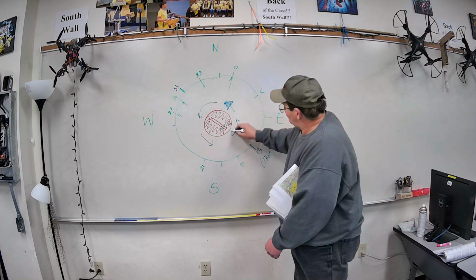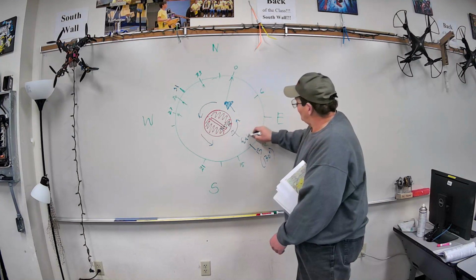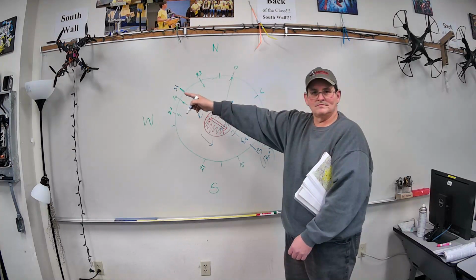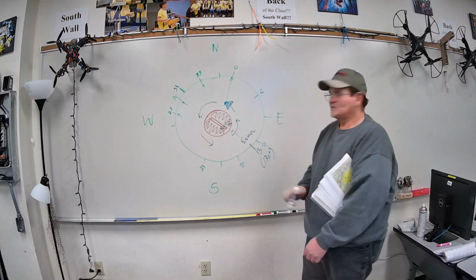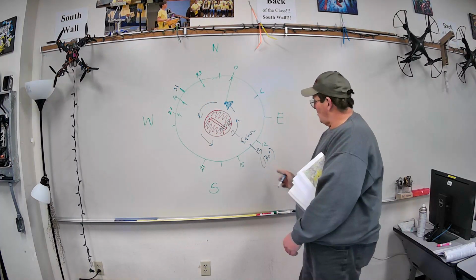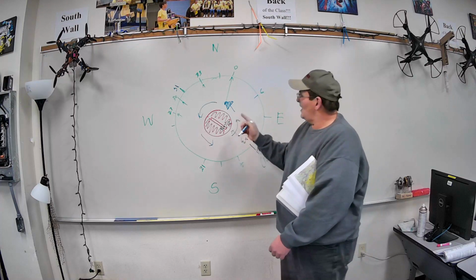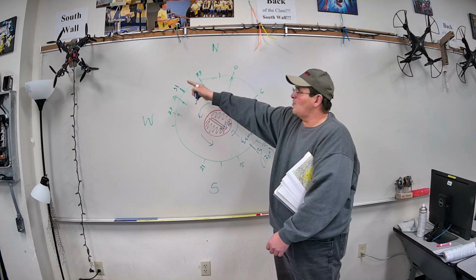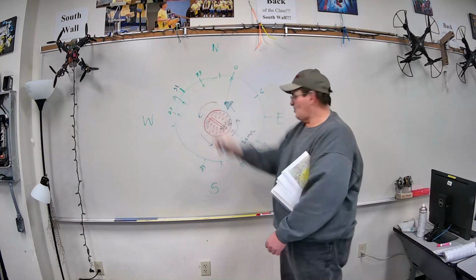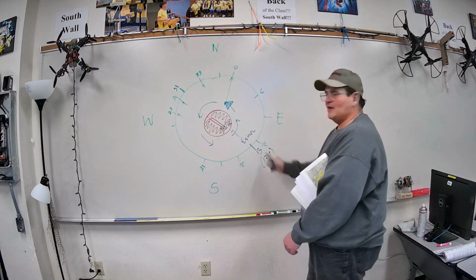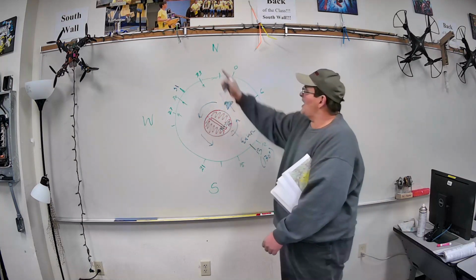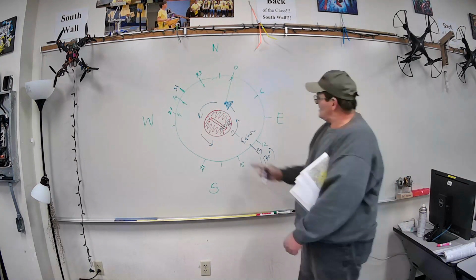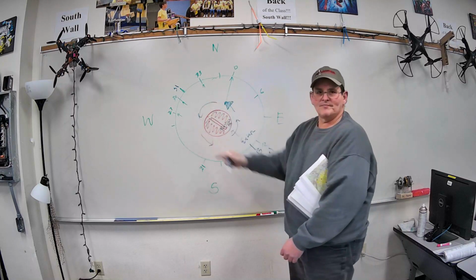This would be the entrance point. He would enter here, heading that direction. So he's coming in on the northeast, and if he was taking off, he'd be going out northwest. He's coming in southeast and going out northwest. So that means he's circling this direction.